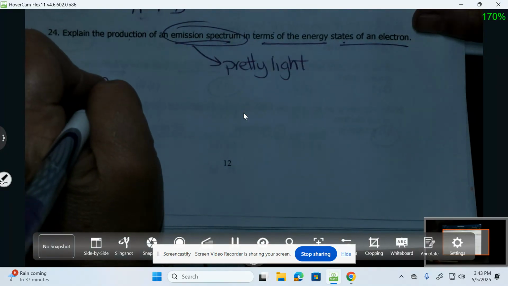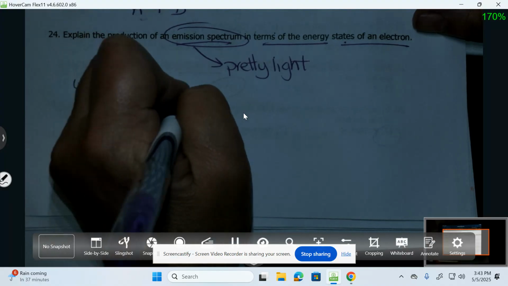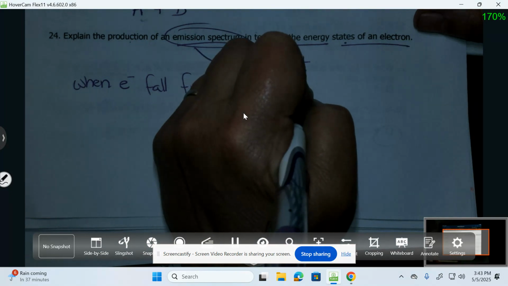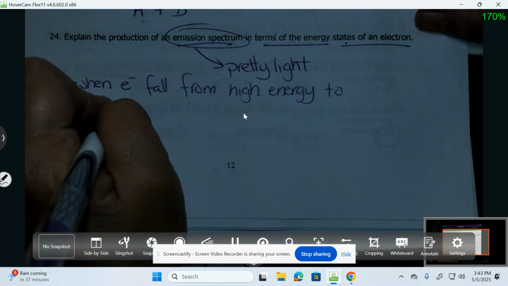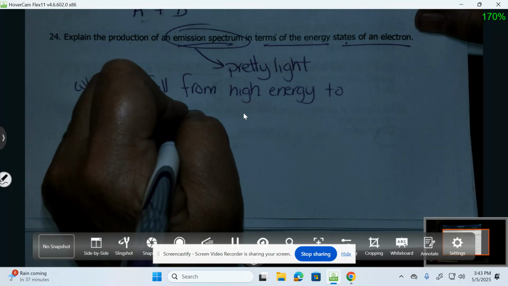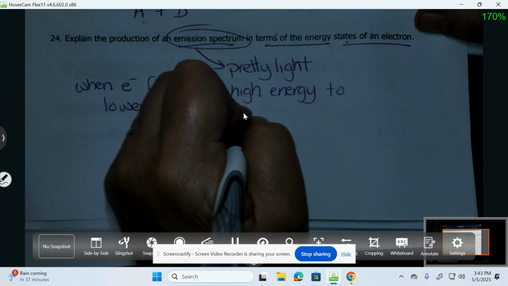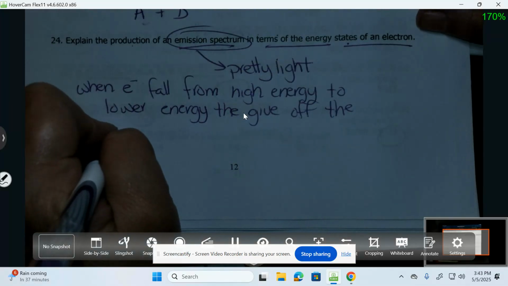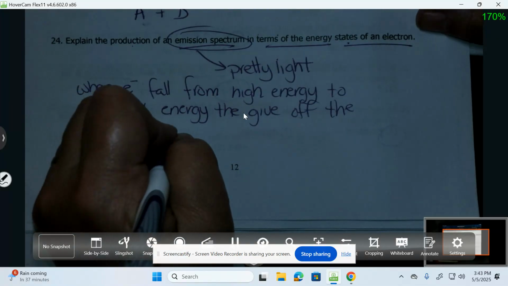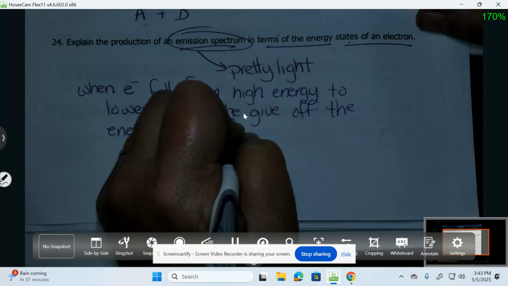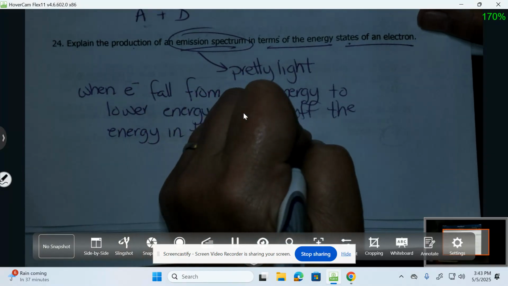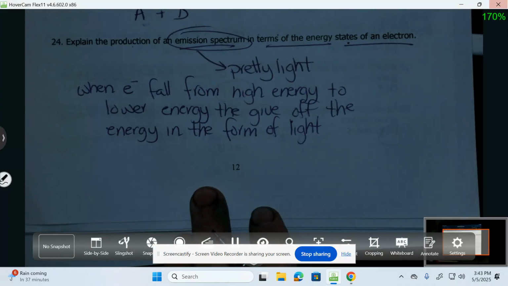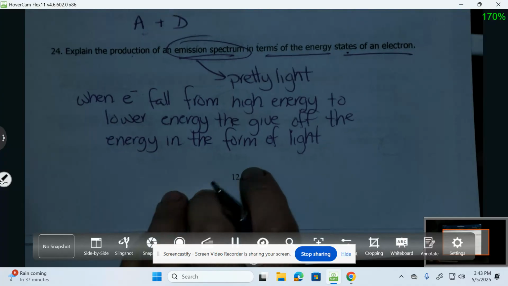When electrons fall from high energy to lower energy, they give off the energy in the form of light. Good? Okay.